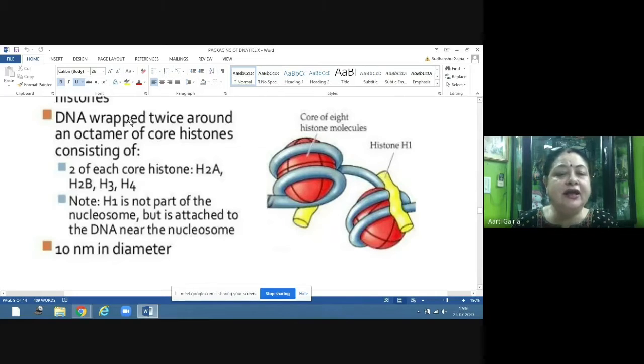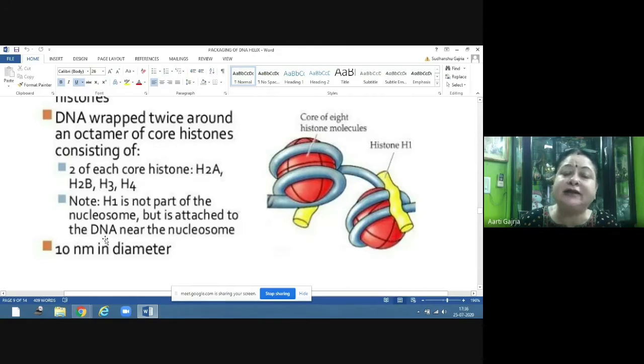So DNA is wrapped twice. In all diagrams you have seen it twice. Twice it is wrapped around the octamer of core histones. And the yellow structure which you can see, this is not a part of the nucleosome.